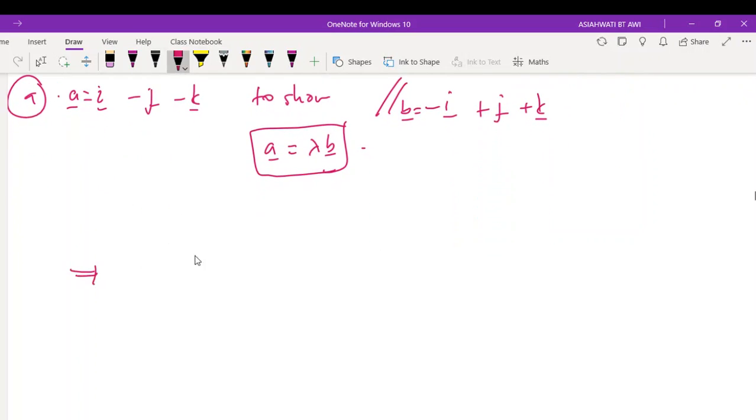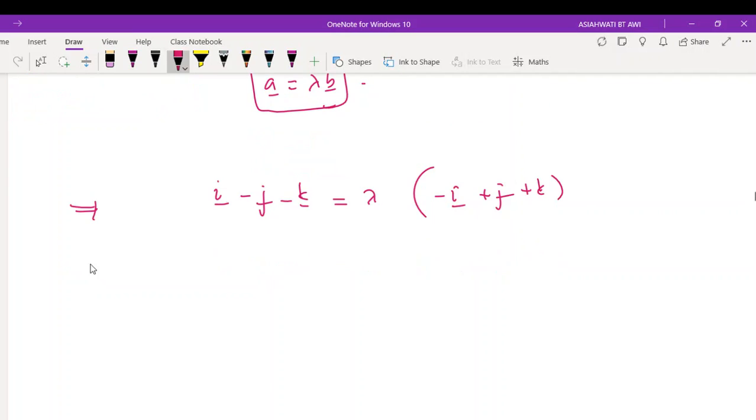It implies that i minus j minus k equals lambda times (negative i plus j plus k). For component i, on the left hand side is 1, on the right hand side is negative lambda. Therefore lambda is equal to negative 1.